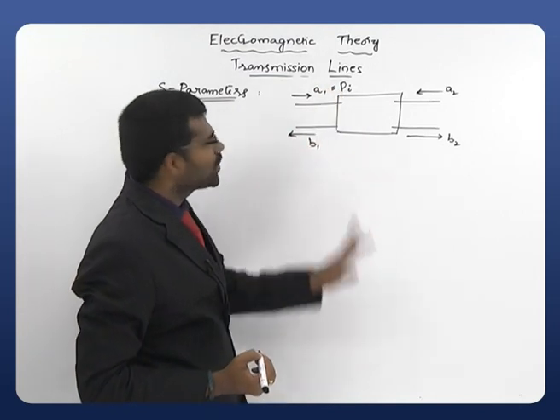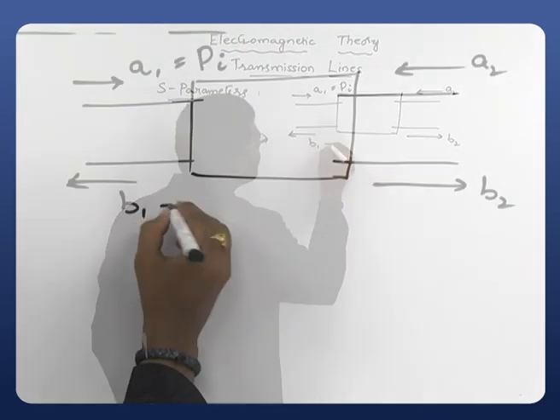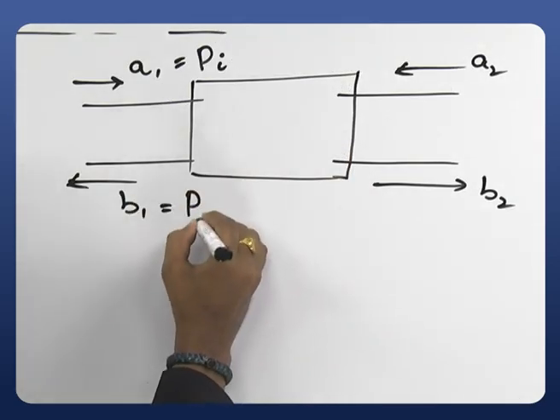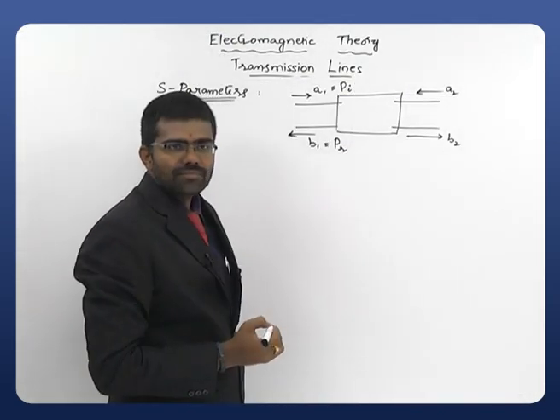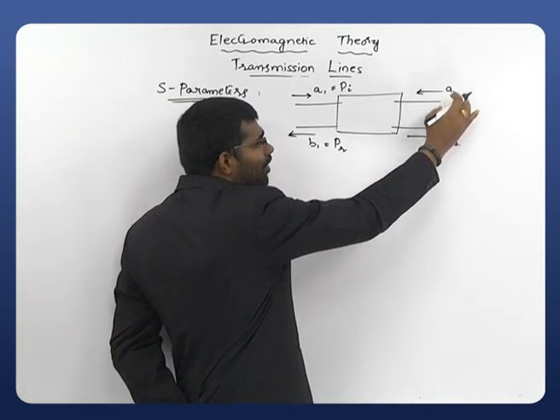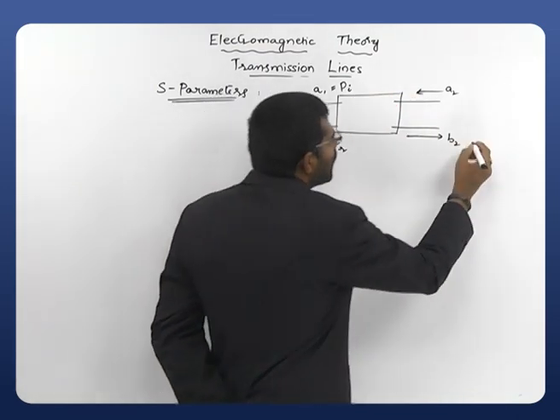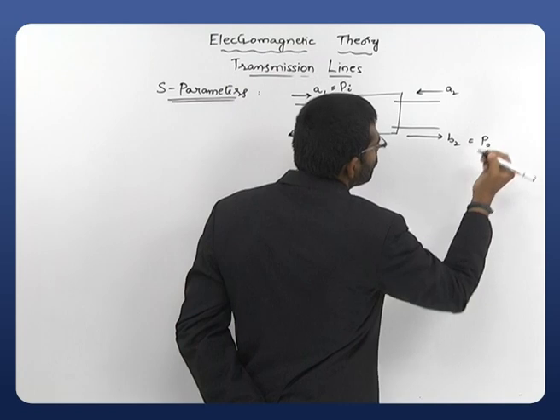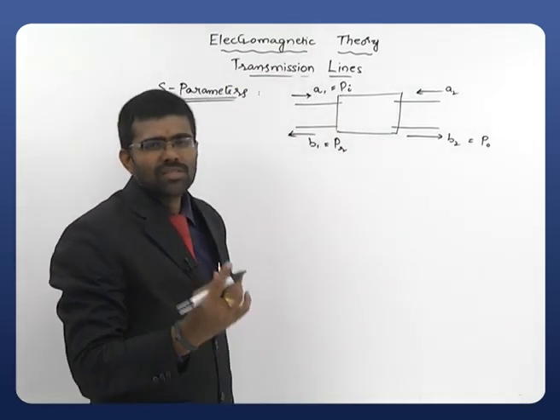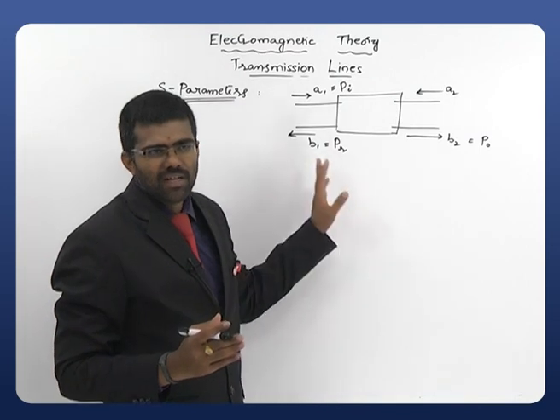And the return power from port 1, which is nothing but B1, I am denoting as PR. Here I am not applying any input at port 2, so there will be no A2 for this concept. Only the output will be there, simply B2, which is nothing but P0.